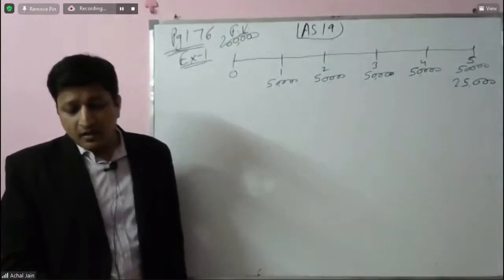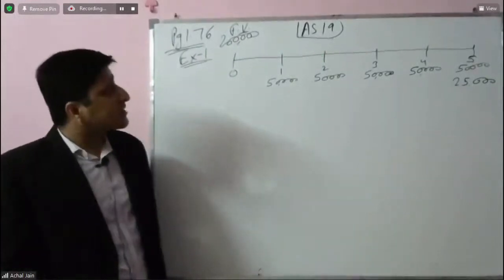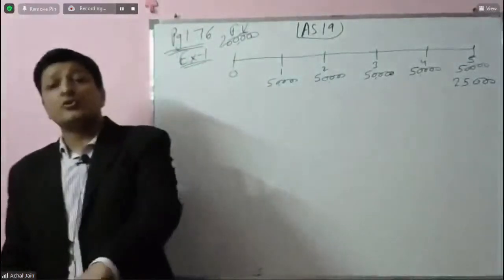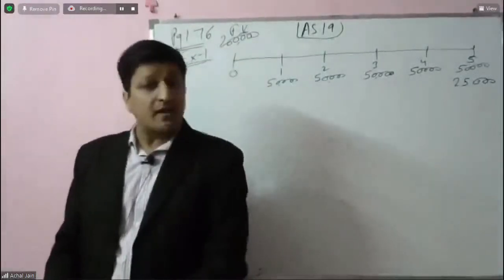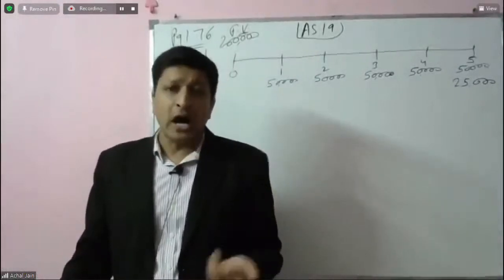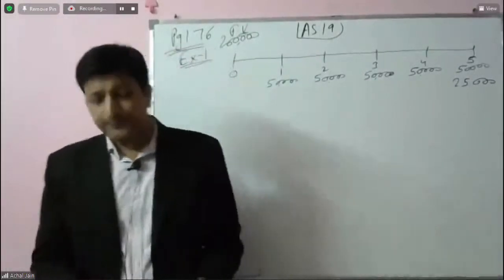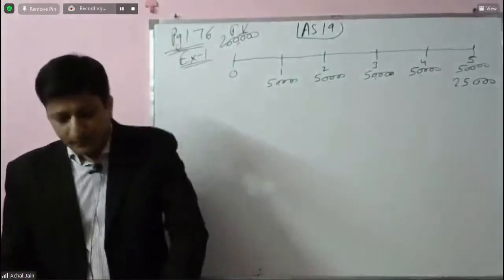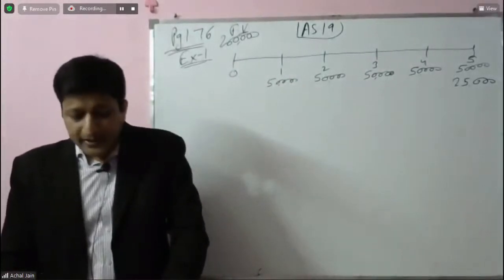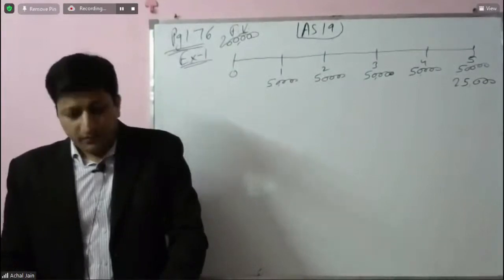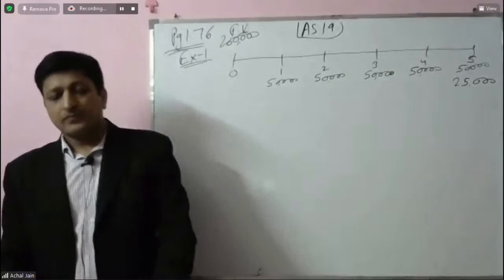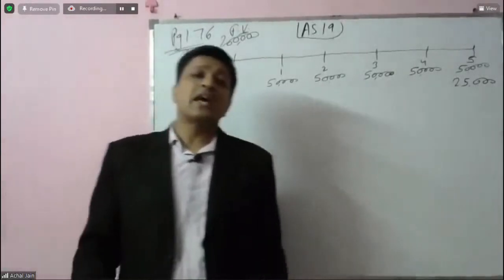The interest rate at which this discounting has to be done is missing from the question. Now, in the question, all the facts are available except the interest rate. So, what do we do? How do we find the discount rate? Whenever we have to compute the discount rate, there's a technique called the trial and error method.